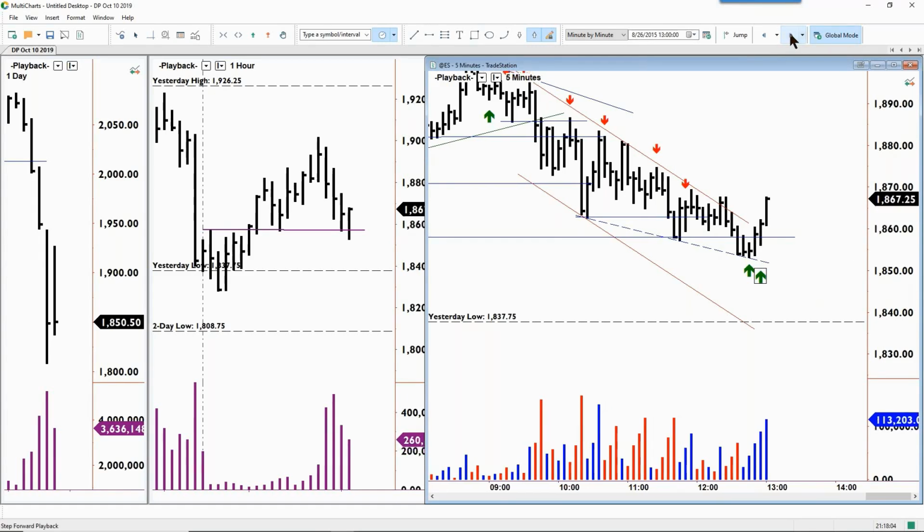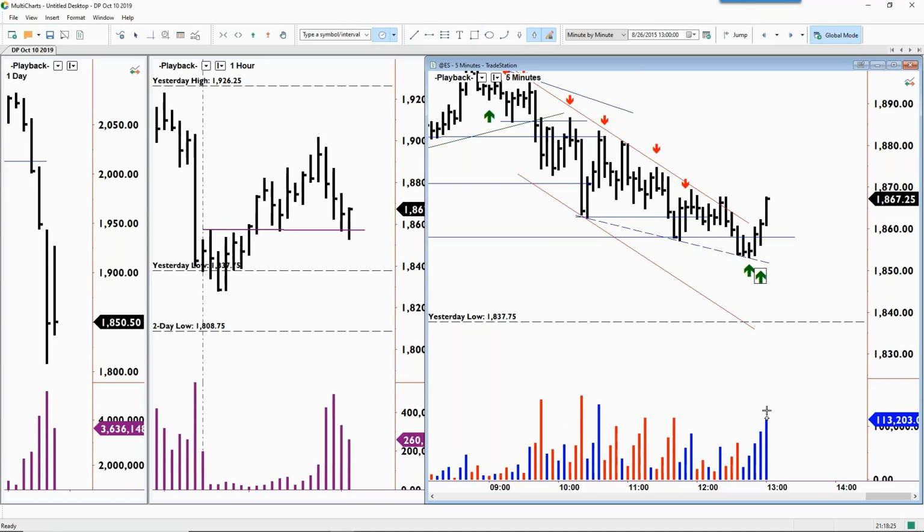What do you notice right off the bat here? What do you see right off the bat? Ease of movement up, yep. And what else? We've got 3 5-minute bars here with volume. Yeah, Brian says ease of movement up with volume. Yeah, and volume's increasing. We haven't seen that really.